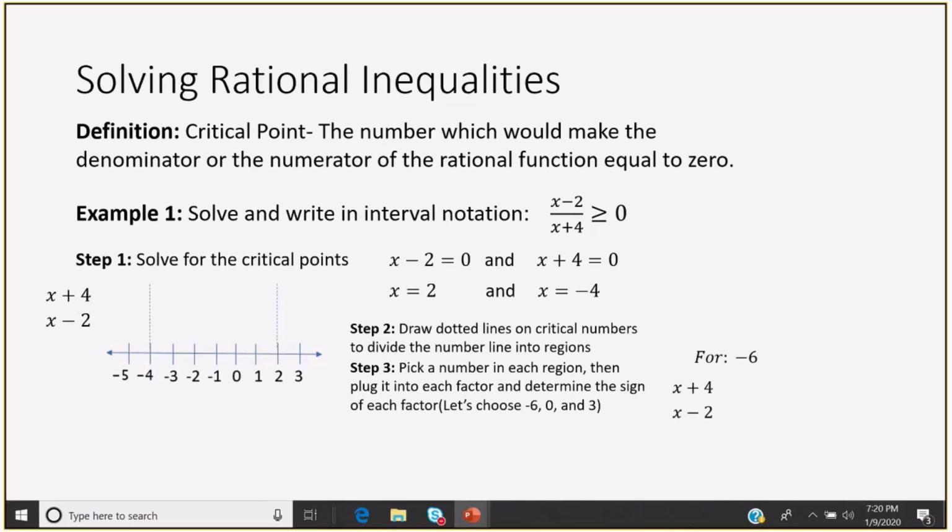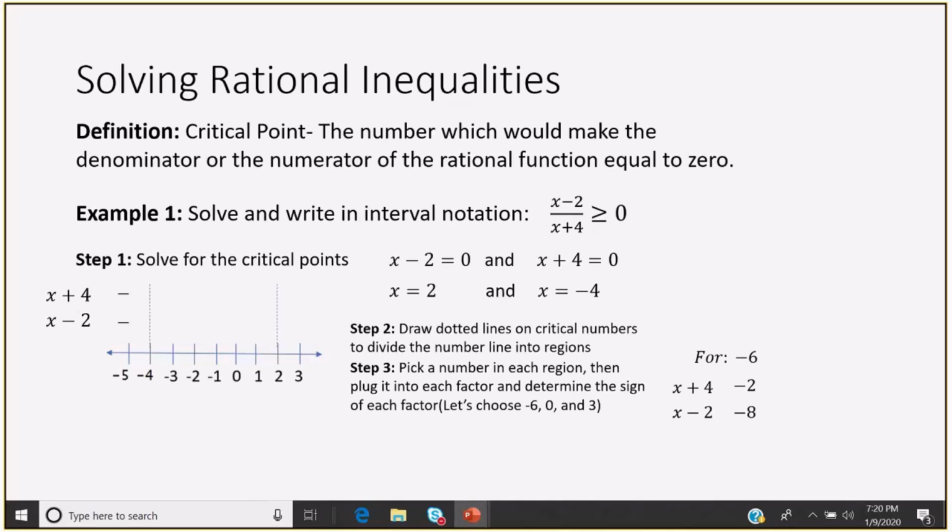So what we do now is determine the sign of each of our factors using that number. We picked -6 for the region that's furthest left on the number line. Well, -6 plus 4 gets me -2, and -6 minus 2 gets me -8. Looking back at the number line, I'm going to put those negative signs in that region next to each factor.